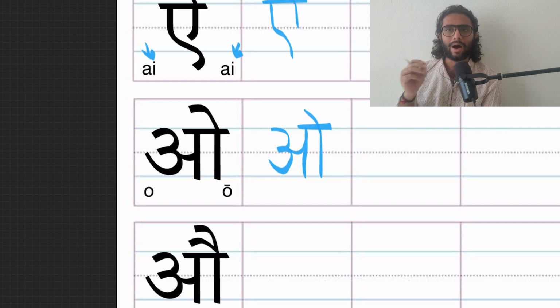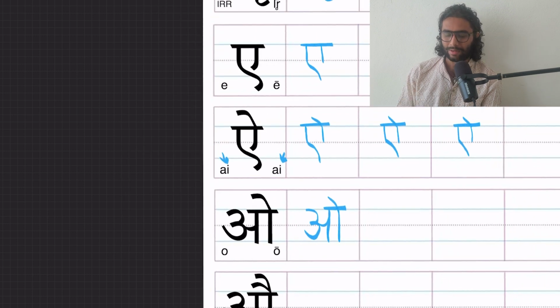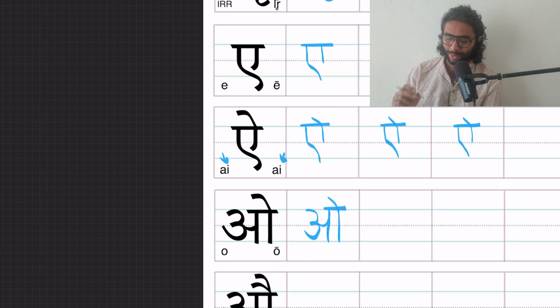They are A, which takes two blinks of an eye, the longer version of I, and the longer version of U. These are all Dirgha vowels. For E and O, there are shorter versions in regional languages.